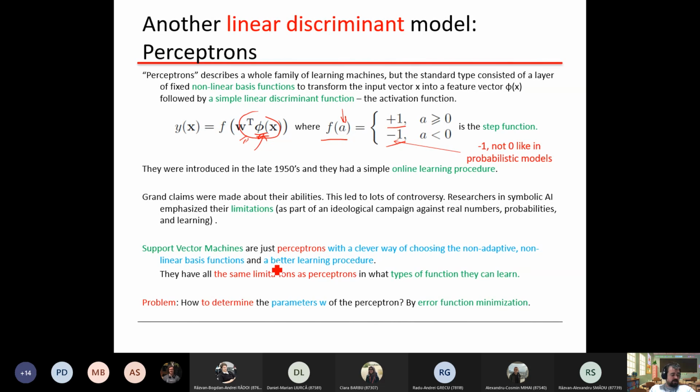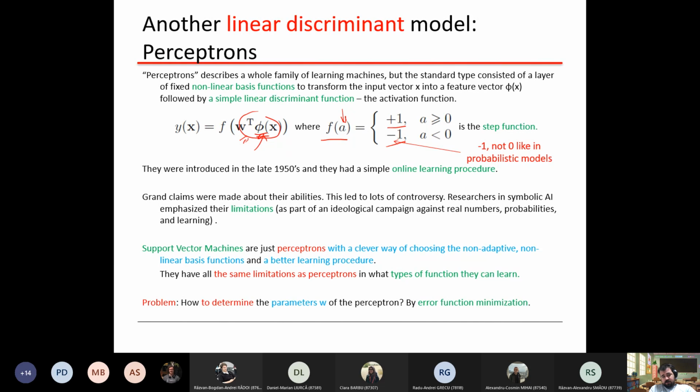And that would be gradient descent, and we'll see it in a moment. However, since SVMs are simply smarter perceptrons, they have the same limitation as perceptrons in terms of what kind of functions they can learn.